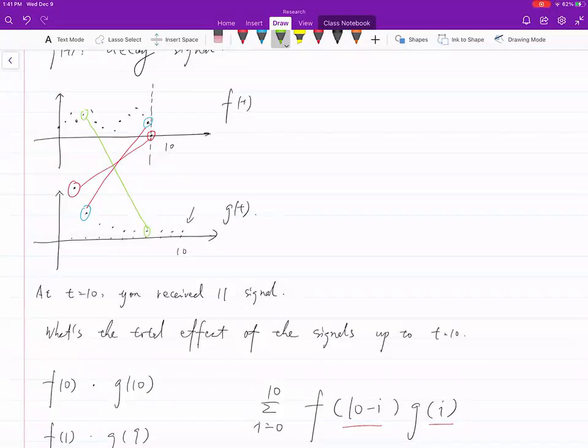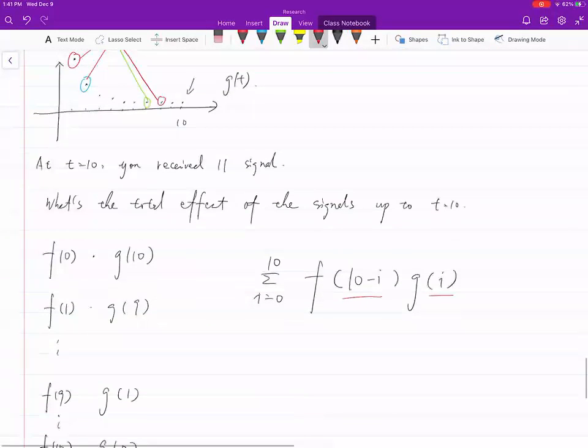So this one starts from 0, this one starts from 10. They go toward the middle, one step at a time. Things like that. I don't need to draw more. Okay, does that make sense to everybody?